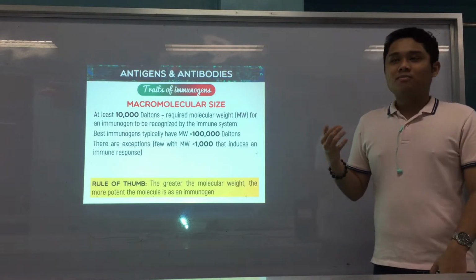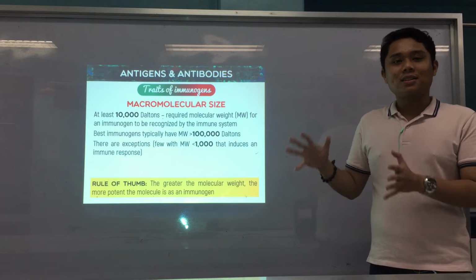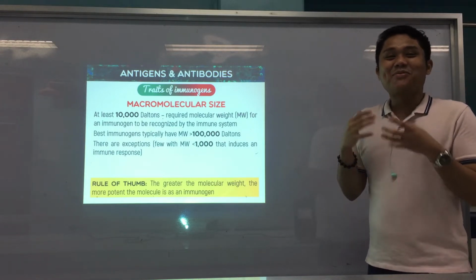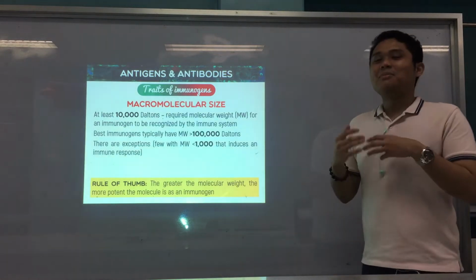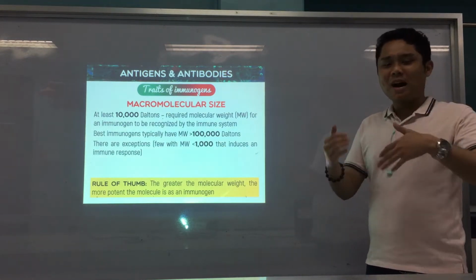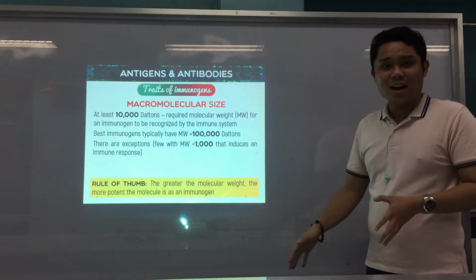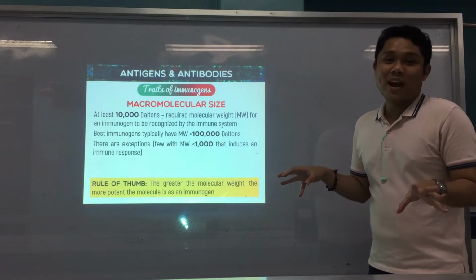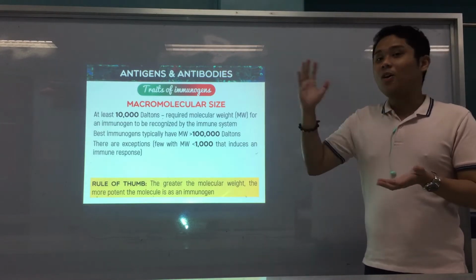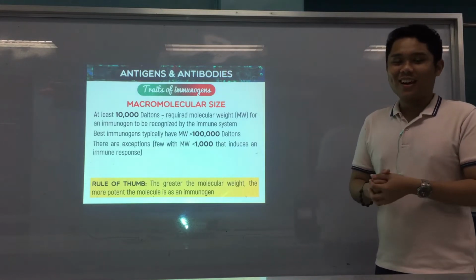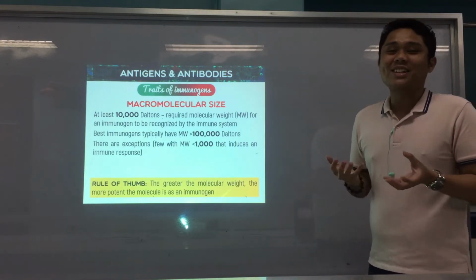Okay, so generally, as the size grows bigger, you feel it more, it is more effective, and it can elicit more of a response, di ba? Generally speaking, if something gets bigger, you usually feel it more, and it elicits more of an immune response from you.